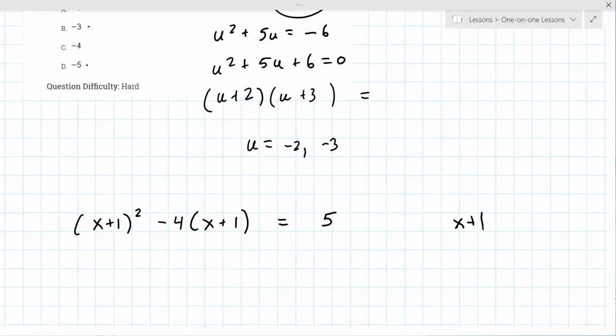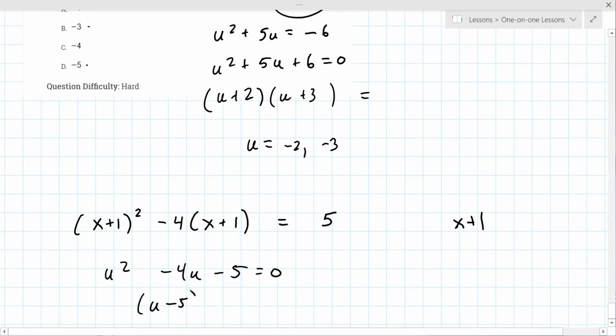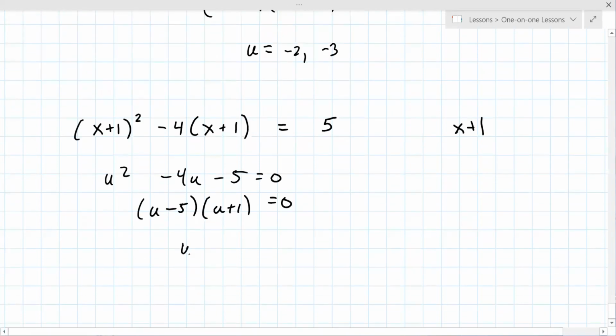What, it'd be 5 and -1. So did you get u squared minus 4u minus 5 equals 0? Yeah. Factor it, u minus 5, u plus 1 equals 0. So u is either 5 or -1.